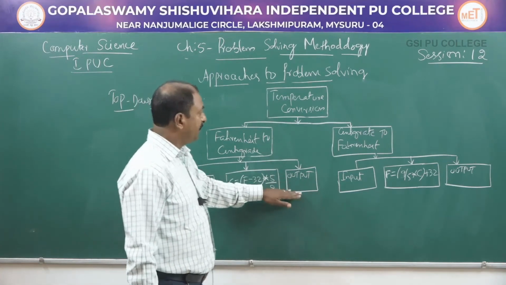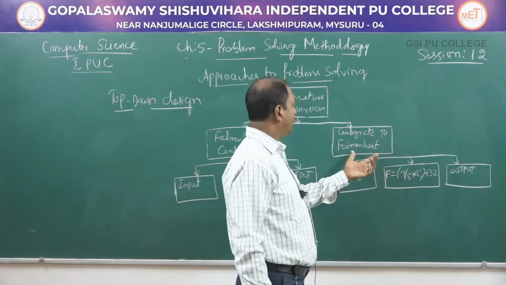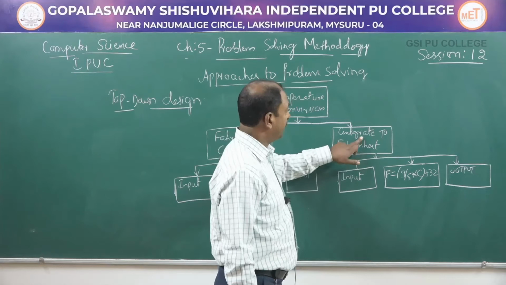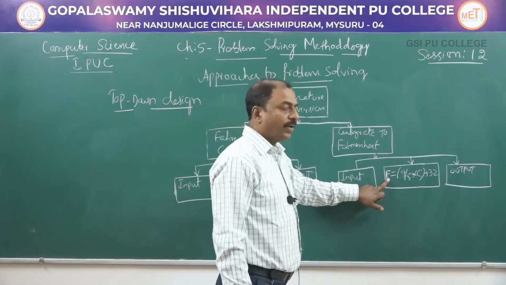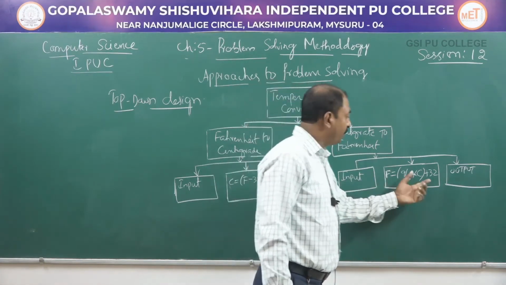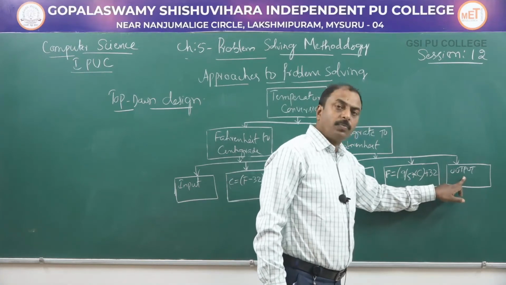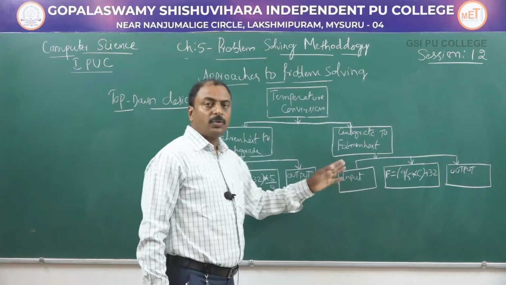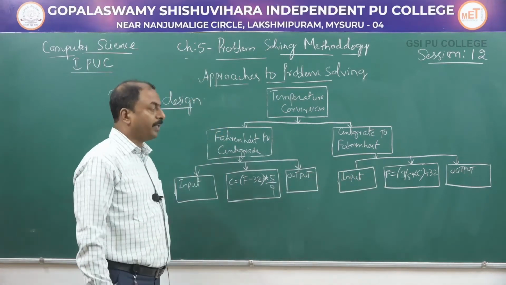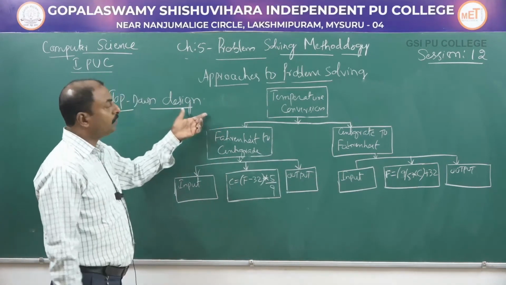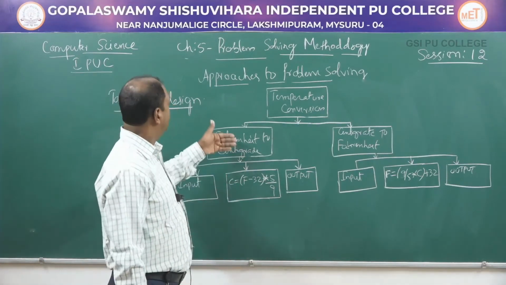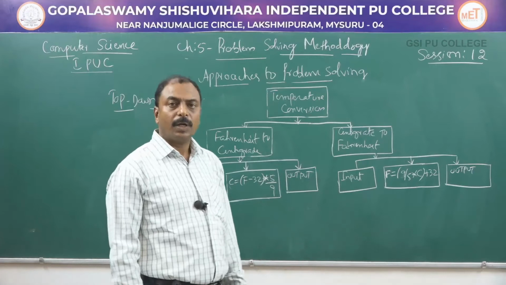Similarly, for centigrade to Fahrenheit conversion, we input centigrade, find out Fahrenheit by applying the formula, then print the result, the Fahrenheit. So this is a simple example of top-down design. Now let us look into another technique, that is bottom-up design.